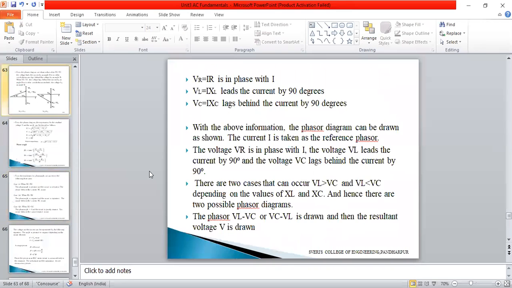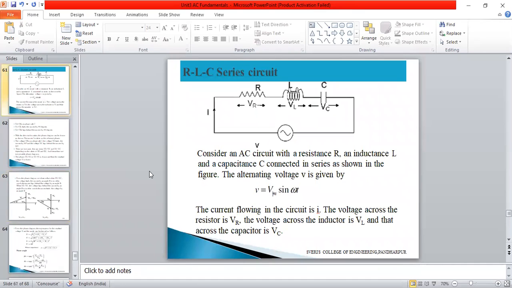Note down. Have you taken the heading? RLC series circuit. Take the heading and take the diagram.